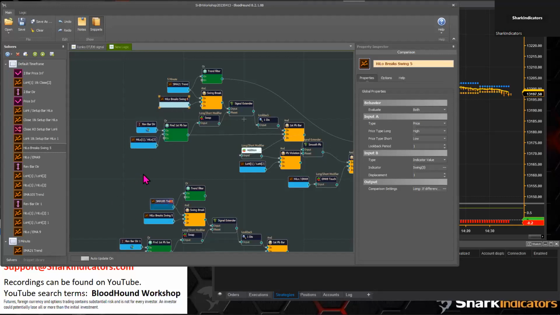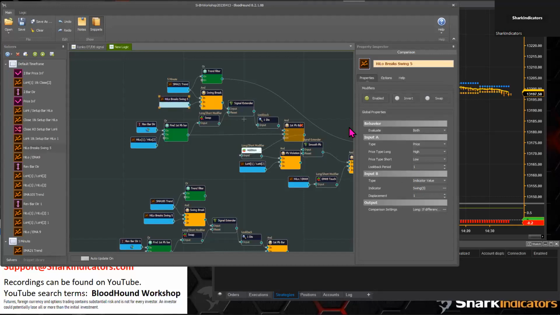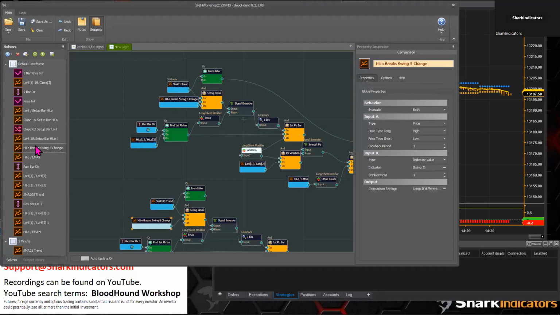But you have to remember that when you consolidate things down to one key solver, if I change one, for example, if I just change the name here, it changes the other solver too, because we're only dealing with one solver now.